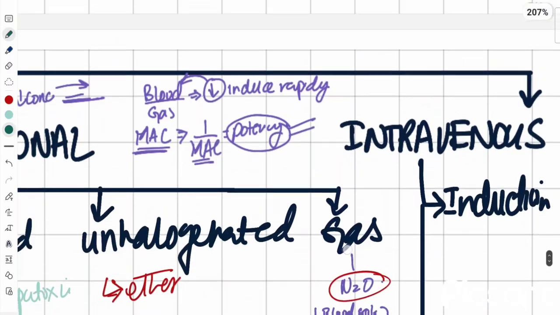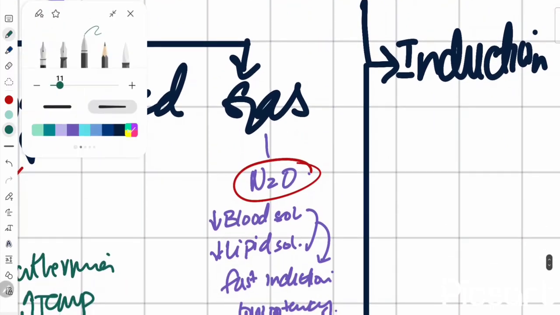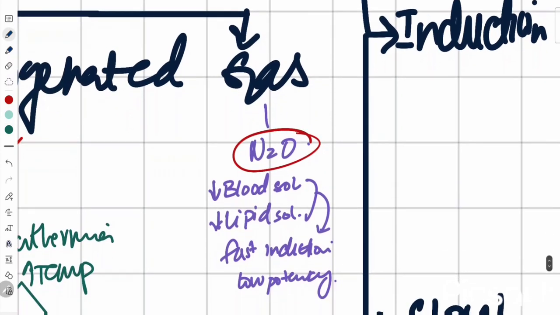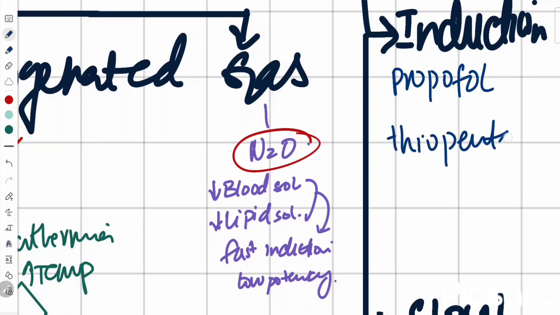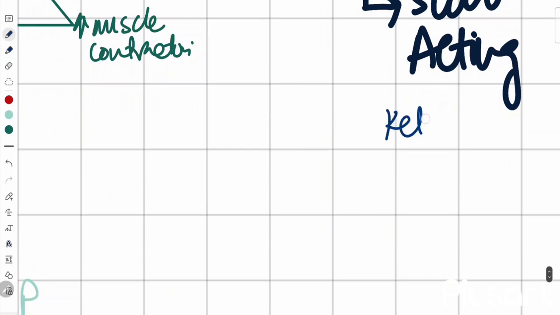Next, we have the intravenous general anesthetics. For intravenous general anesthetics, first are the ones that cause induction. These include propofol, thiopental, and etomidate. And for slow inducing, we have ketamine and midazolam.